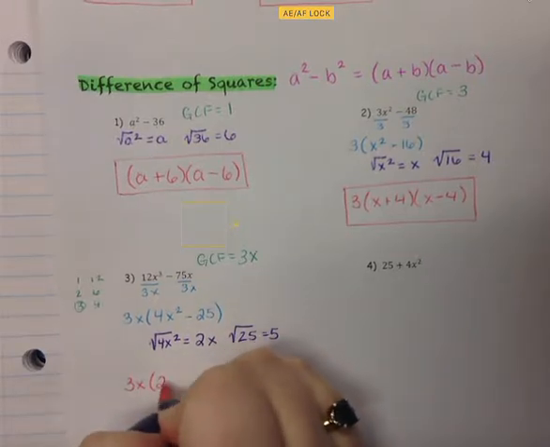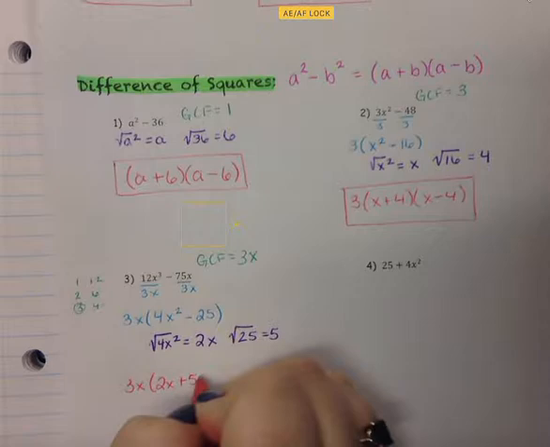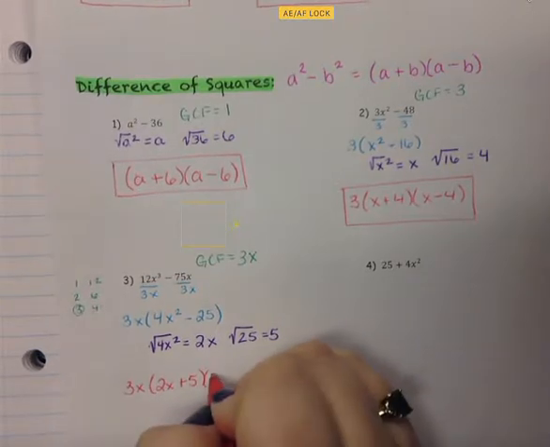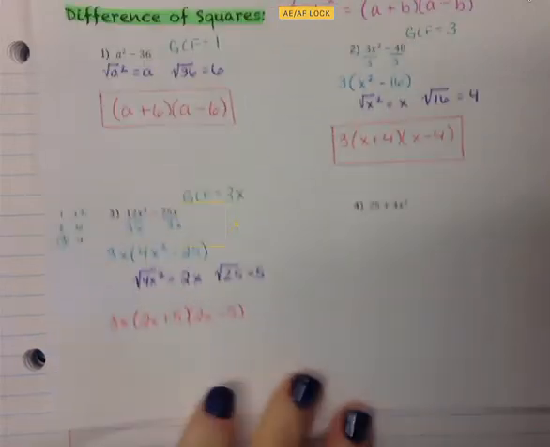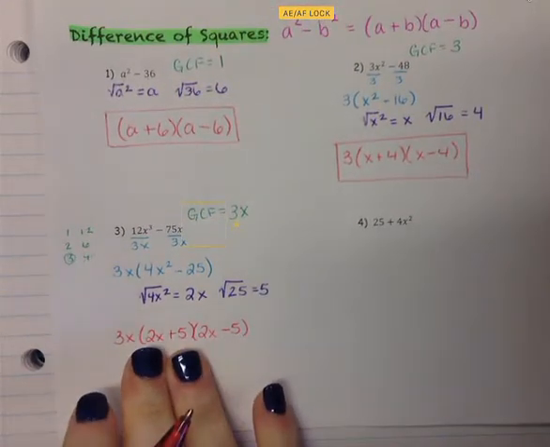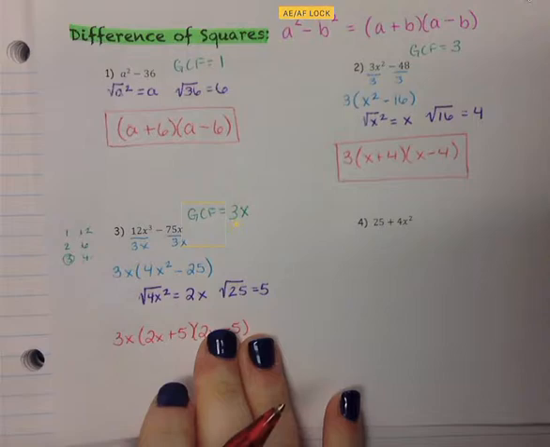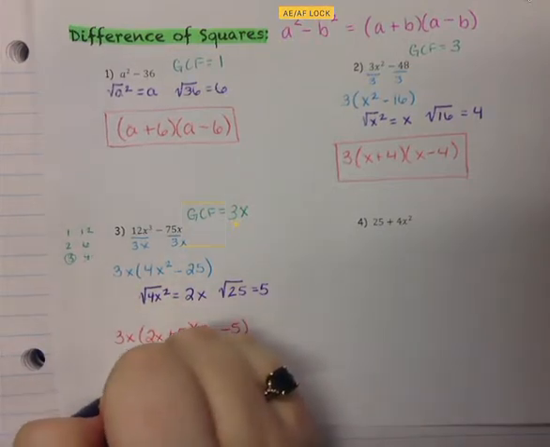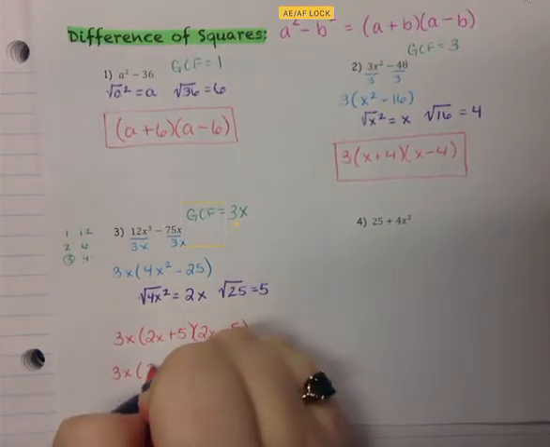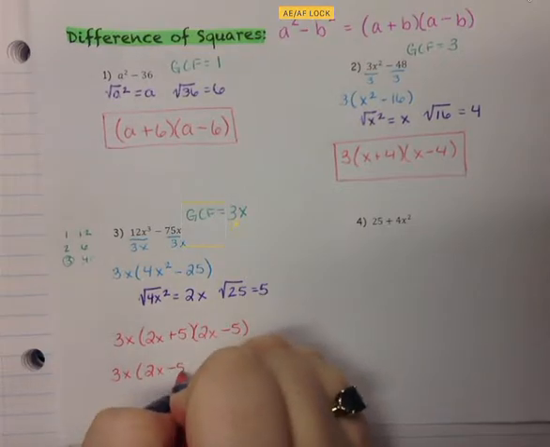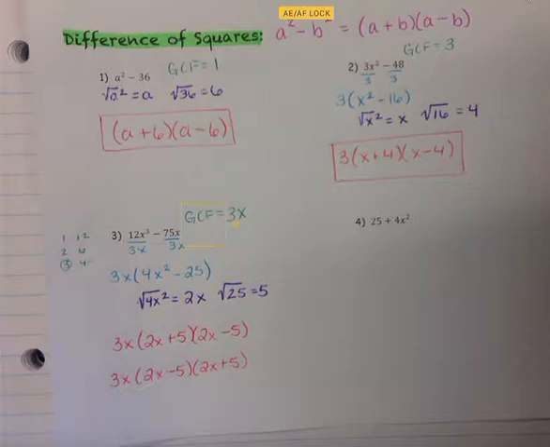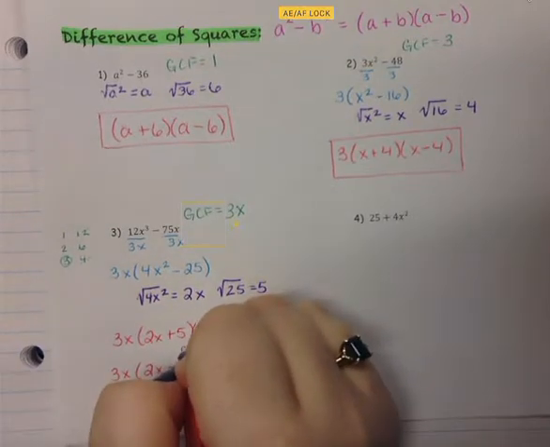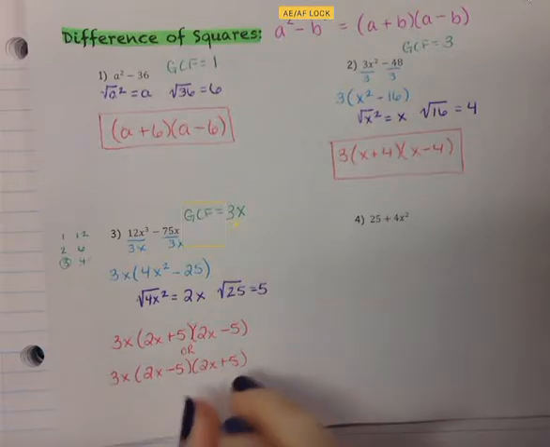So we have 2x plus 5, close parentheses, open parentheses, 2x minus 5, close parentheses. And again, you can have 2x minus 5 and then 2x plus 5 if that's what you would like to have. This is the same thing, because in multiplication, it does not matter in which order you go, just as long as you have the correct terms.